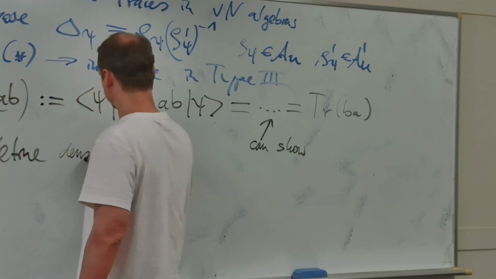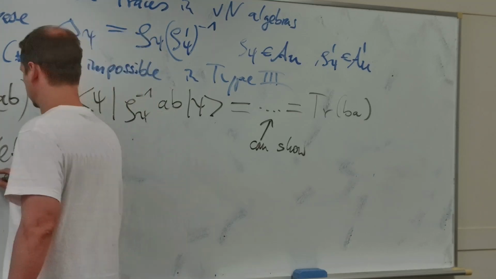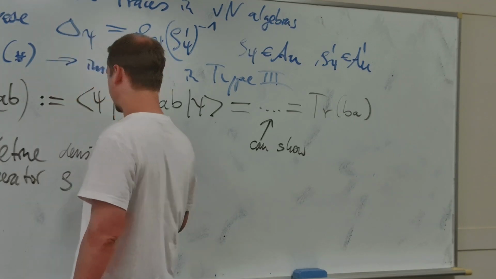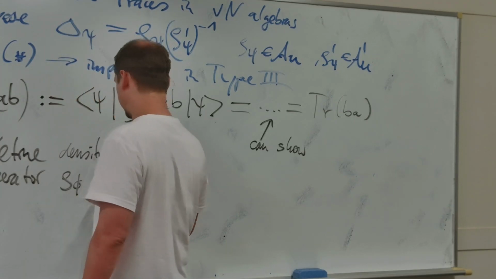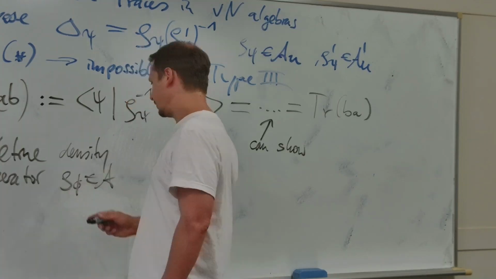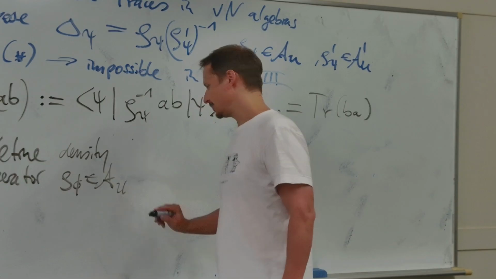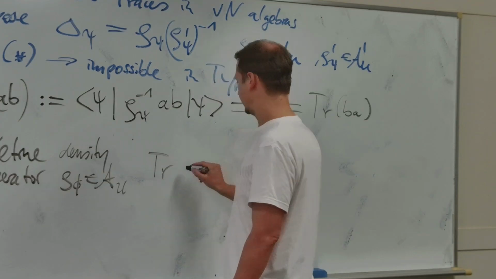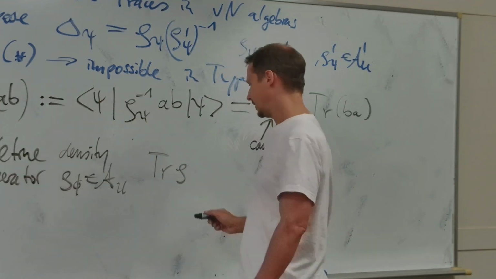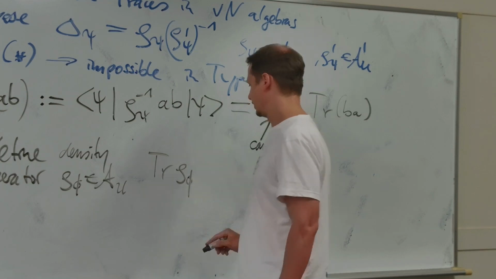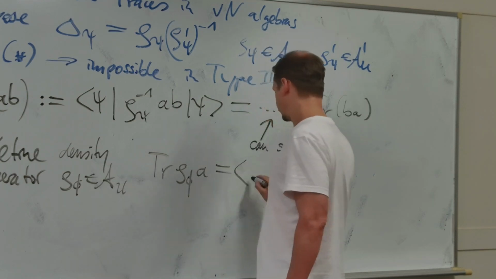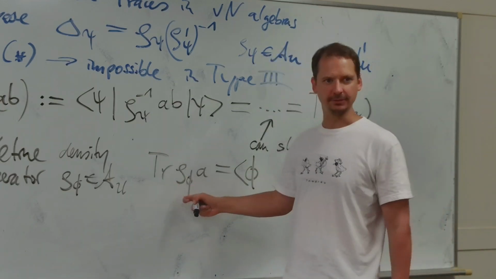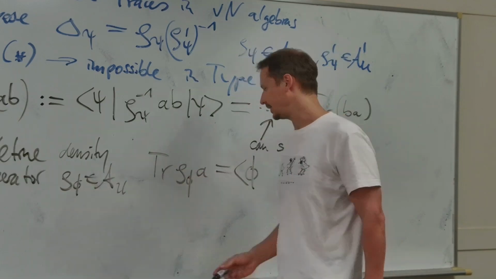density operators. So now I want to have that for some state phi, this density operator is supposed to lie in my algebra. And the way I will define that is by using the trace that I have. So I have some global state phi for which I want to compute the local density operator, call it rho phi.